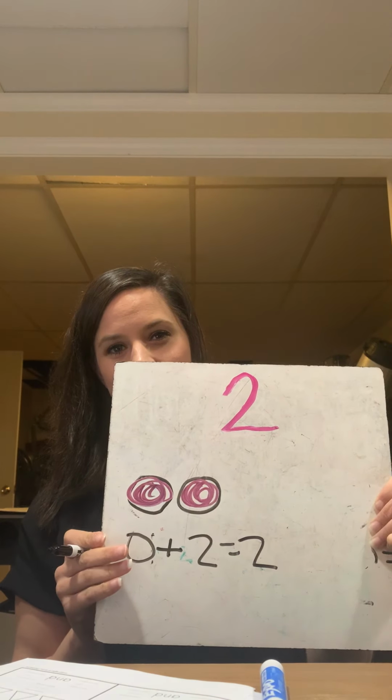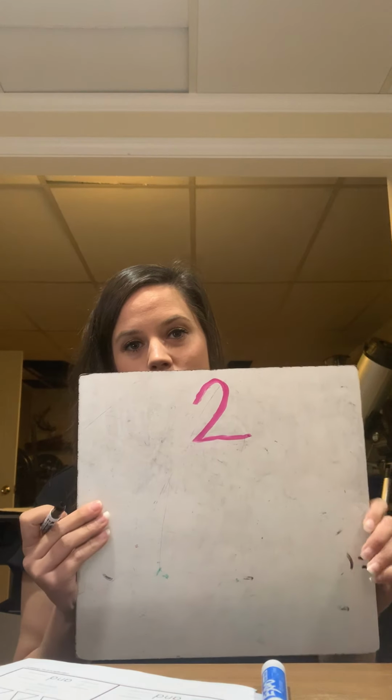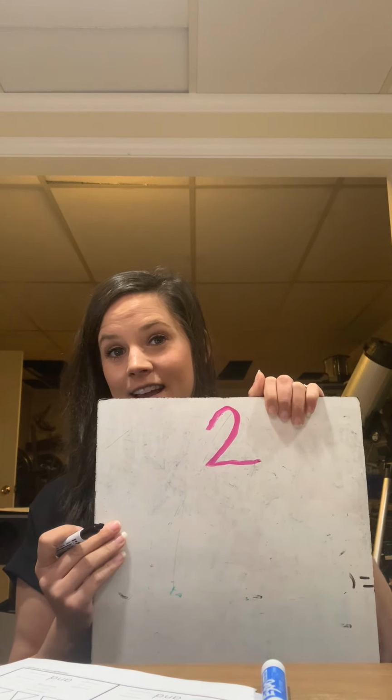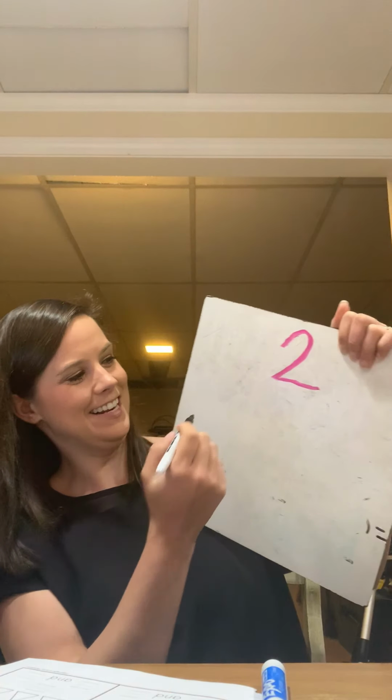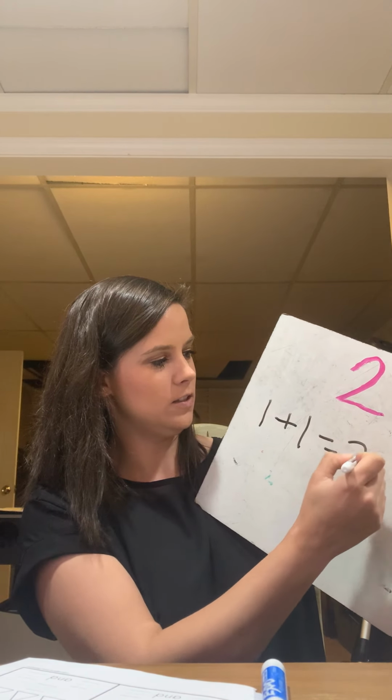So now let's remember all the ways that we can make 2. We have got, what's the easiest one? 1 plus 1. You got it. 1 plus 1 equals 2.